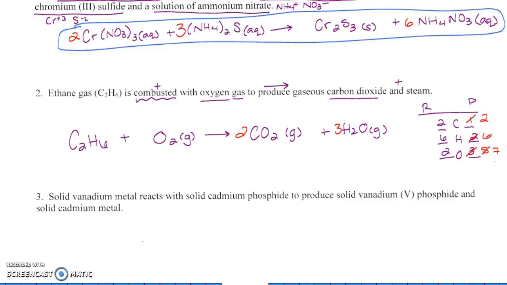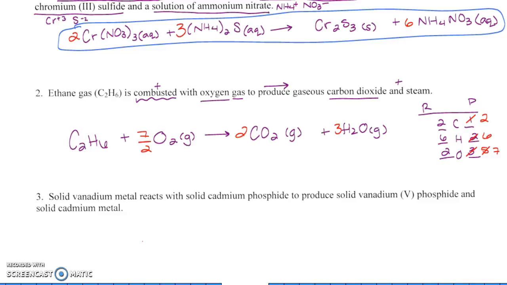And just to show you a slightly different way to balance these types of reactions, what you can do is actually just put in that you have 7 divided by 2, because we need to always use whole numbers in here, and we're going to solve that problem in a minute.